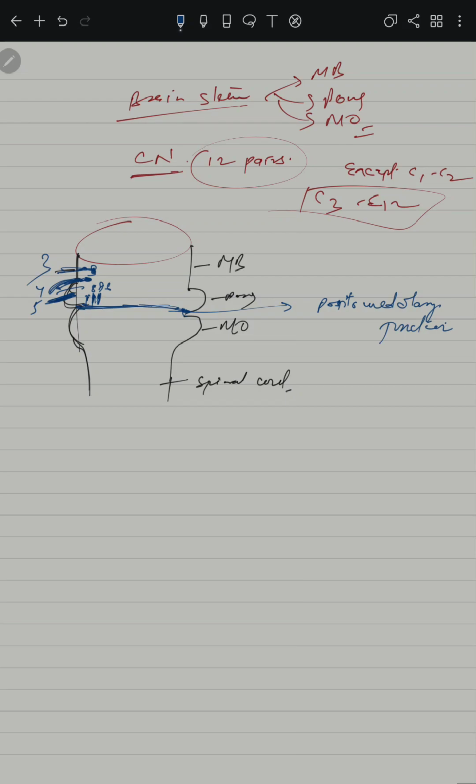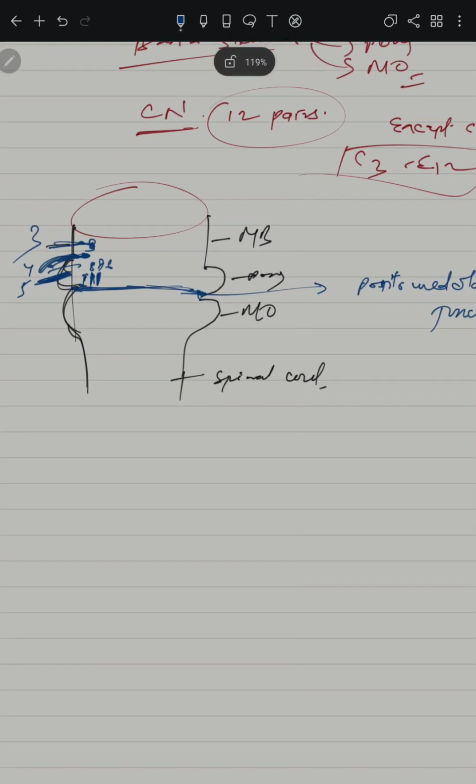So 6, 7, 8 above the pontomedullary junction are in the pons, and in the medulla oblongata we can see in between the pyramid. Lateral to the pyramid there is the olive.